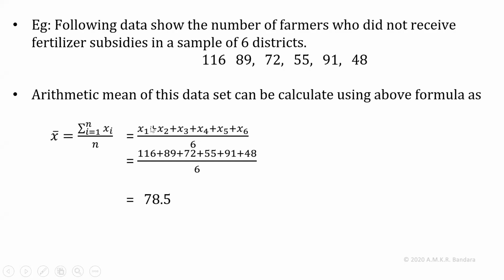When we replace these xi by actual observations, it can be written as 116 plus 89 plus and up to 48. Then here the denominator is n, that is the number of observations. Here I have 6 observations, so I have to divide this sum by 6. So arithmetic mean of these 6 observations is 78.5.